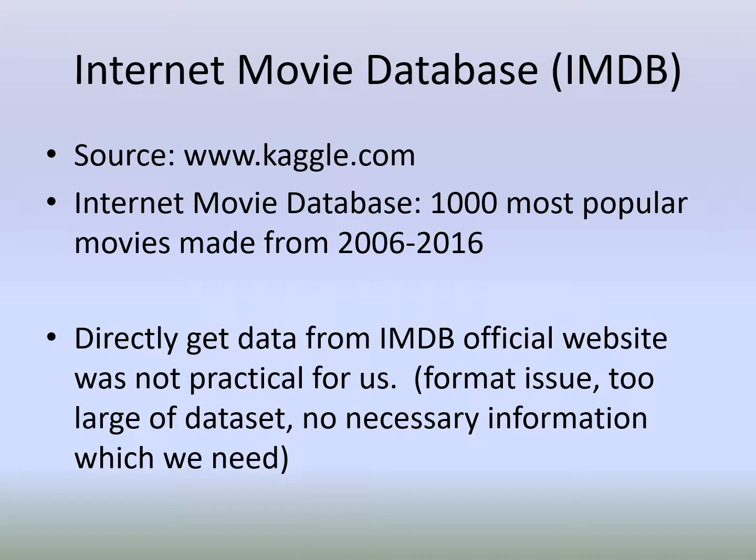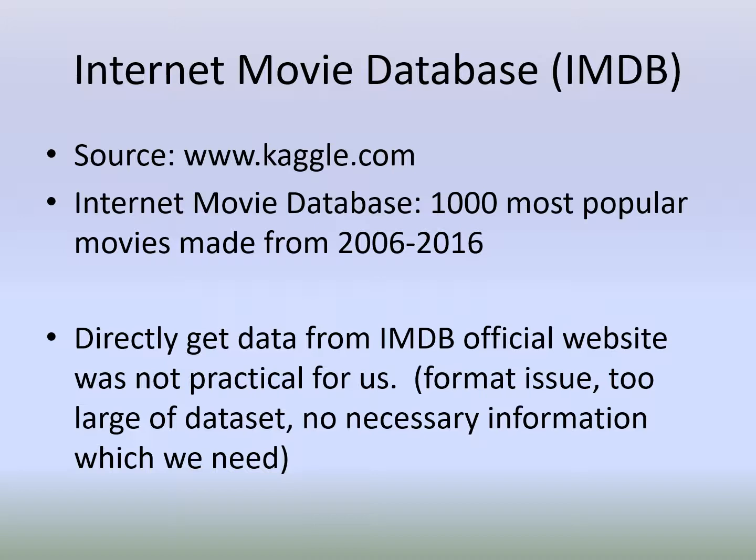However, if we do web scraping from the website, first of all, the format issues do not fit the needs of our study. Our primary goal is to do a social network study, but the IMDb database is designed for marketing analysis, for the ratings and the revenues.